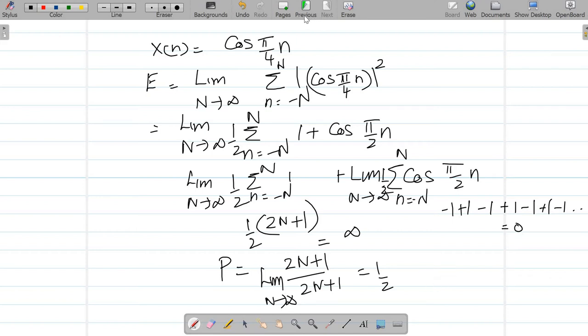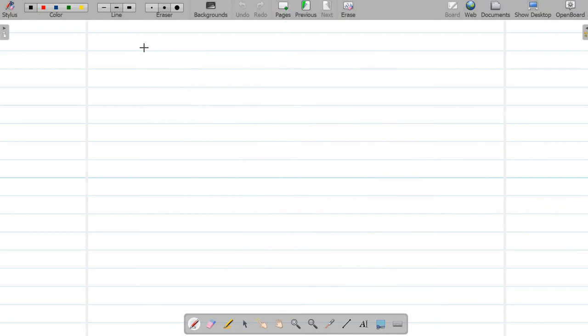Next, let me take the next page. Let's try to solve a few more problems. Say x of t is equal to t times u of t. So first let us check whether it is an energy signal.